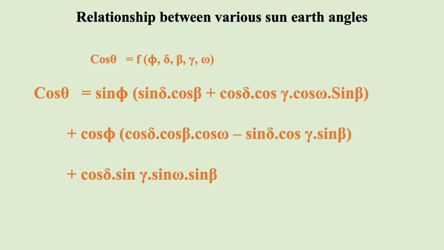It means by knowing the latitude, sun declination, tilt of the surface, azimuth angle and R angle, the beam flux which is incident on the surfaces can be calculated.